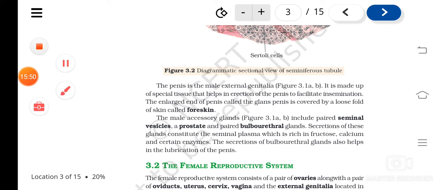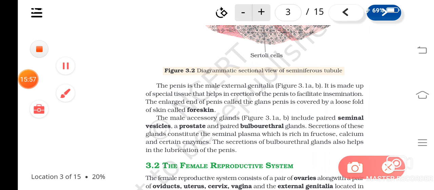The male accessory glands help in the secretion of various substances. They include the seminal vesicles, the prostate gland and paired bulbourethral glands. So what is the function of these? These secrete the seminal plasma. Semen, have you heard?